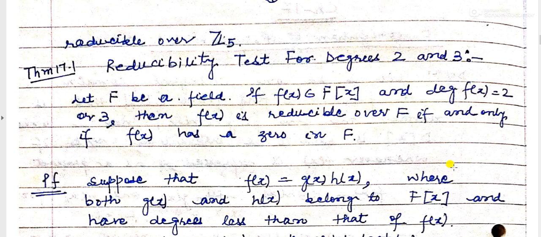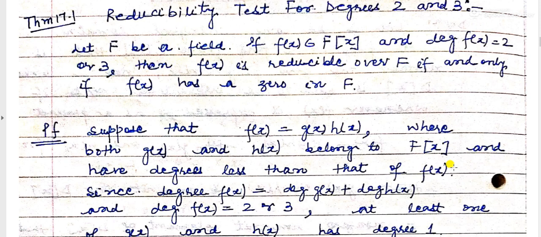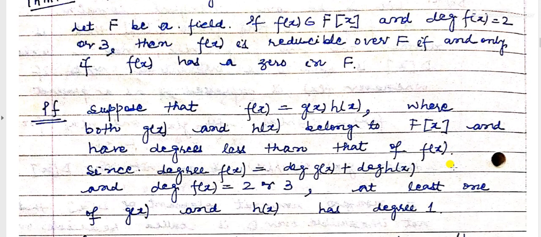Now we will show that f(x) has a 0 in F. So according to the degree rule, degree f(x) is equal to degree g(x) plus degree h(x). And degree f(x) is either 2 or 3. So 2 can be written as 1 plus 1, and 3 can be written as 1 plus 2 or 2 plus 1. It means one of them has degree 1. At least one of g(x) and h(x) has degree 1.